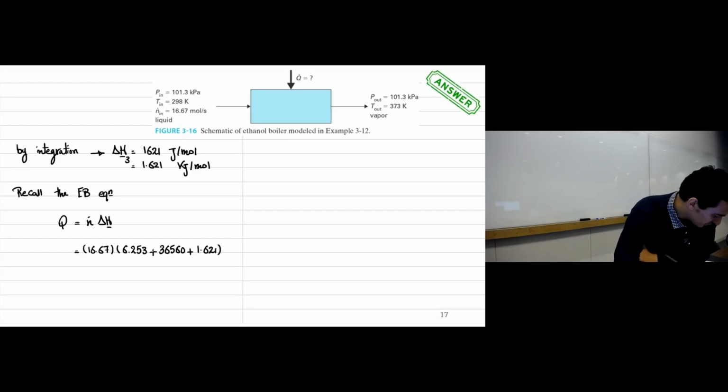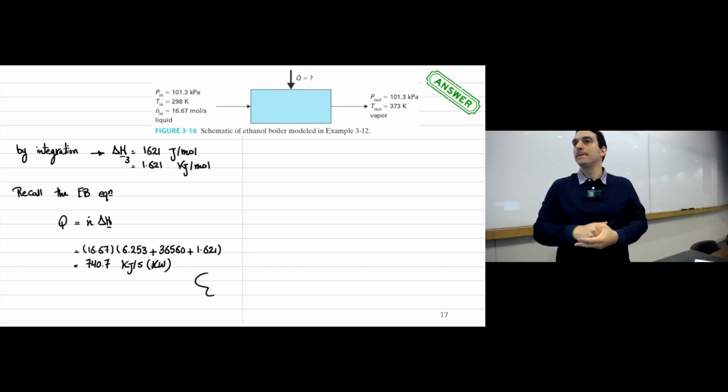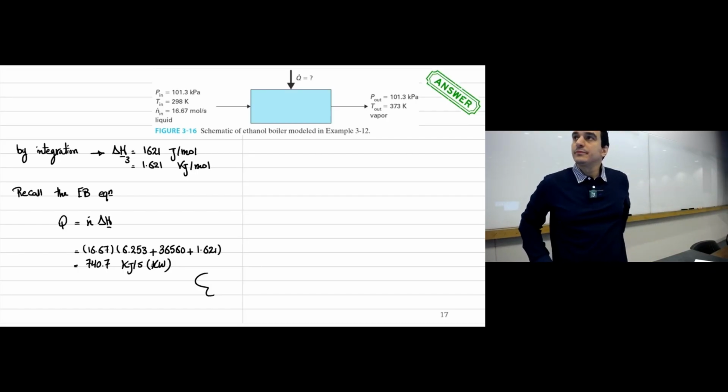So if you just find whatever we have in this equation, this one will be 740.7 kilojoule per second, and kilojoule per second is equivalent to kilowatts. So this is Q, the final value of Q I need to find. Is it clear? Any questions?